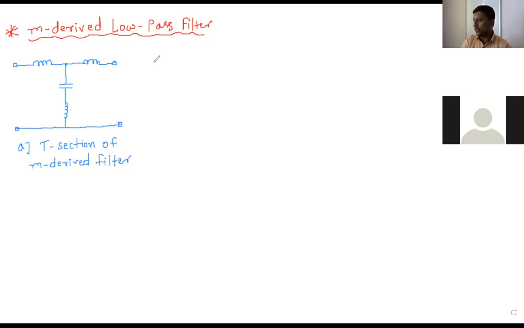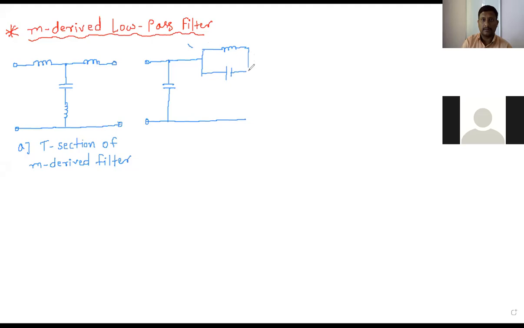Now next, I will draw the pi type and then we will discuss the values. In the pi type, in the shunt arm, the capacitor is as usual. But in the series arm, there will be a parallel combination of capacitor and inductor.